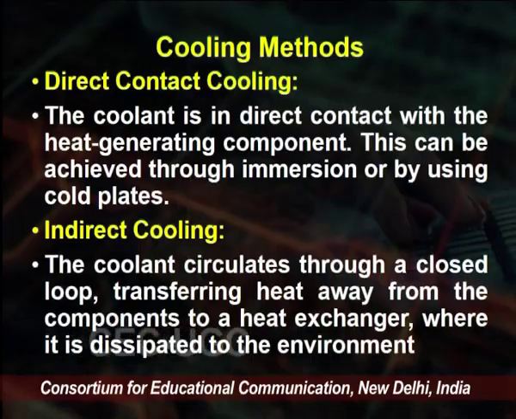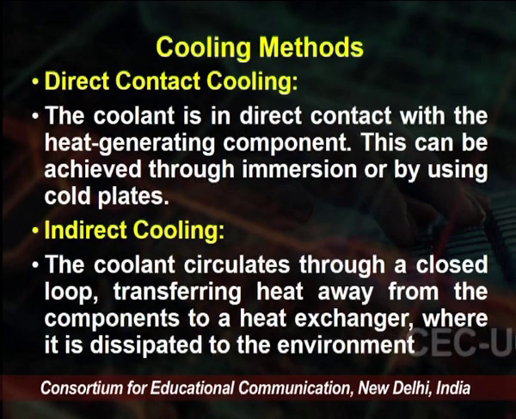If we talk about direct cooling, the coolant is in direct contact with the heat generating component. So the coolant and the heat generating component are directly connected. This can be achieved through immersion or by using cold plates.